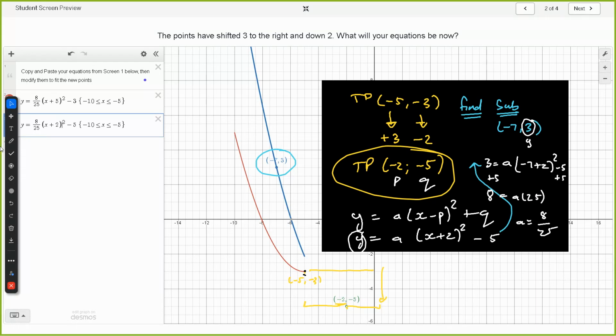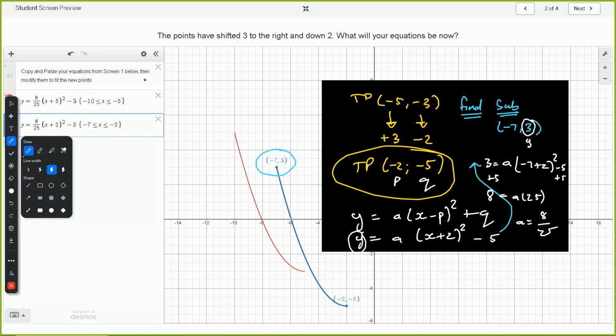You can see that it's short of the mark at the bottom, but that's because my domains have to change as well. My domain is now ending no longer at -5, it's now going all the way till -2, so let's change it to -2, and there we go, connected it. But my domain has to start from -7 as well, so -7 is my domain over there. Okay, so I got that equation, and I've got my domain.